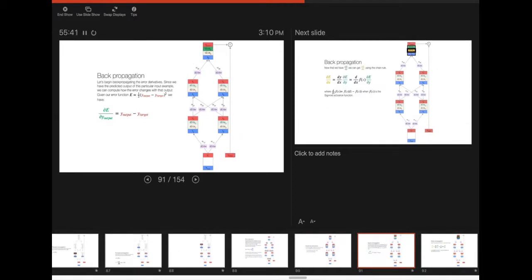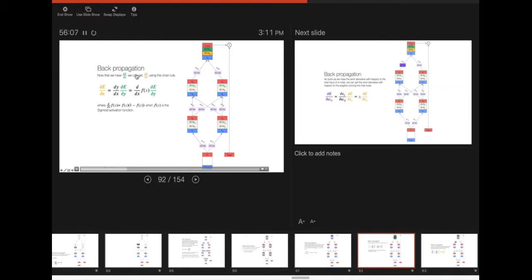Okay, so we can compute, this was the error, just a least square function. So what is the derivative of this error with respect to output y? It's just simply the difference. So we know the derivative of the error with respect to output y. Can we now calculate the derivative of the error with respect to the input of this final neuron?